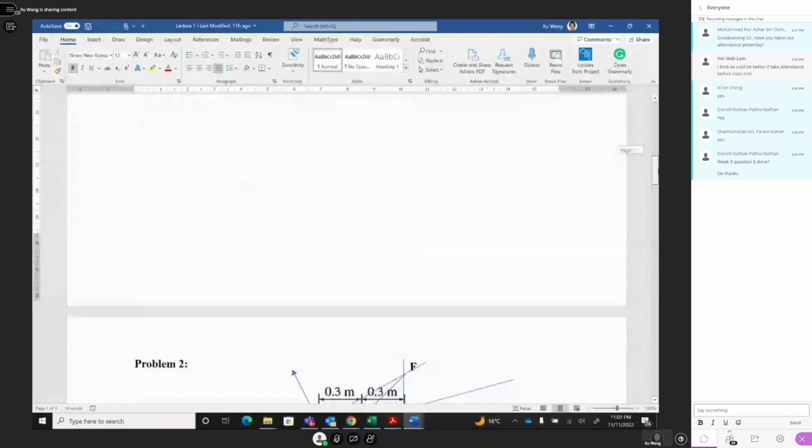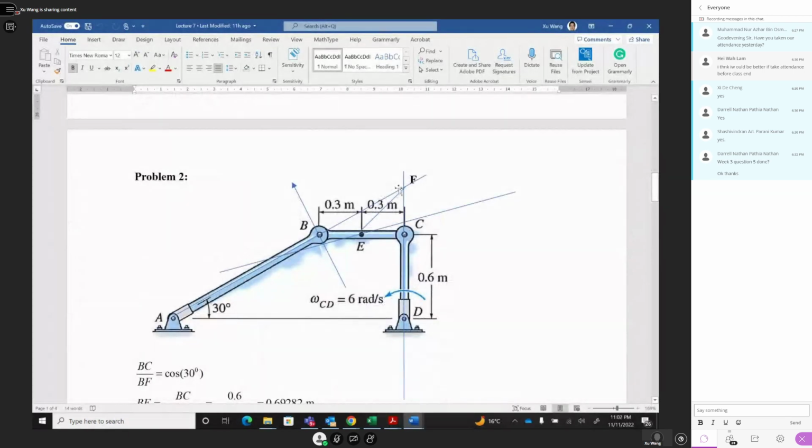After you get the rotation center, then you should find the omega. If you know the omega multiplied by FE, then you get the E velocity. And if you know this velocity and divide by AB, you get the omega of AB. So now it's simple.